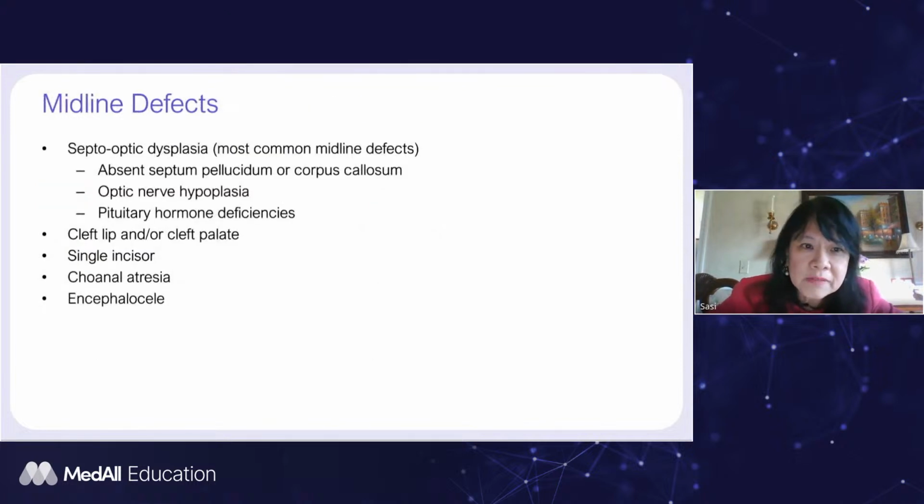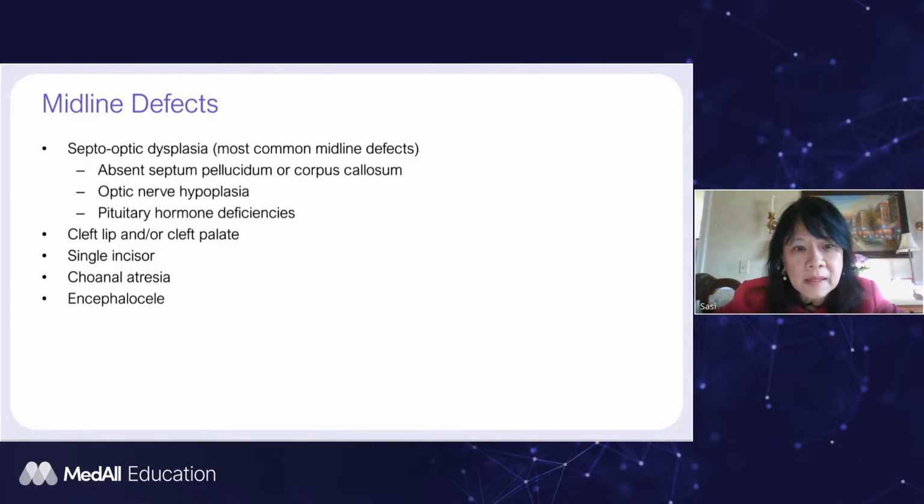So for midline defects, the most common midline defect is septo-optic dysplasia. So they have the triad of absent septum pellucidum or corpus callosum, and optic nerve hypoplasia. And then the third one is pituitary hormone deficiency. So all these three may be present, or it could be 2 out of 3, that we can call septo-optic dysplasia.